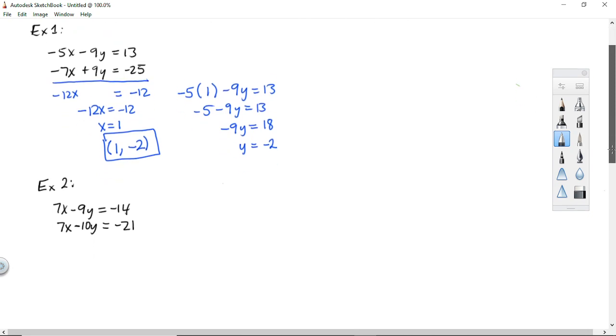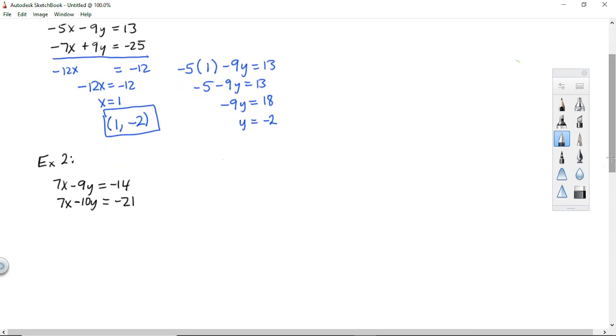We said, well, sometimes they're not going to just cancel like that. So this next one, we're going to have to do a little bit more work, but we're still pretty fortunate because both of these have 7x, but neither of them is negative. So if we add that together, we're not going to get 0x, we're going to get 14x.